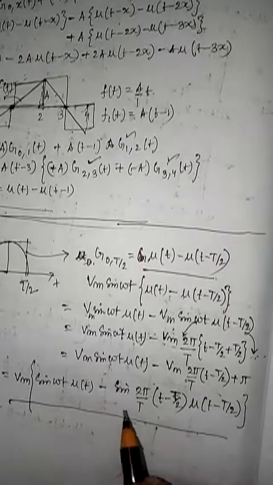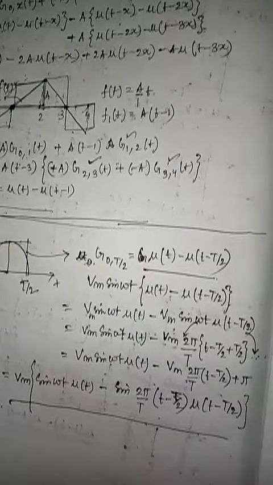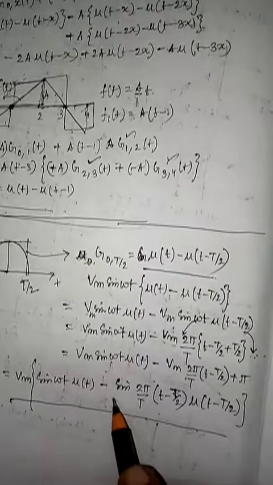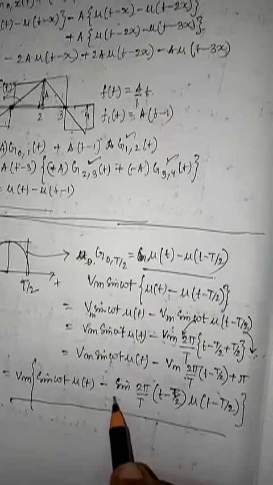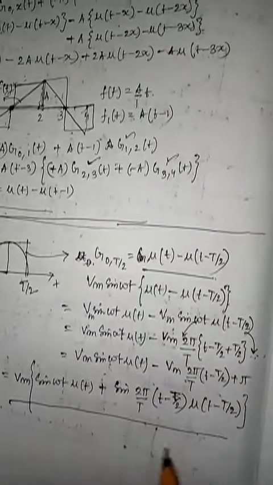Sine of pi plus theta is minus sine theta, so the sign will be minus, and minus and minus gives plus. So that is the final answer.